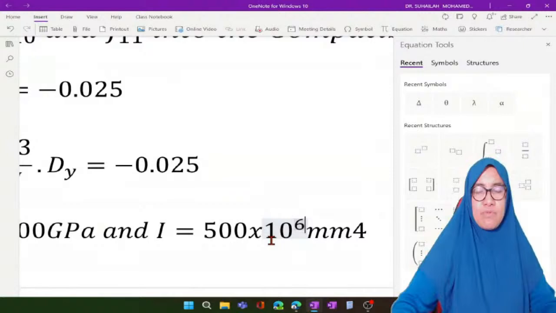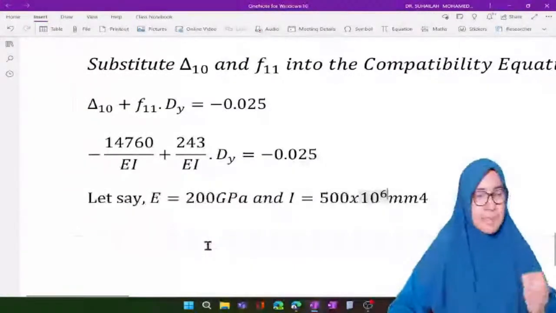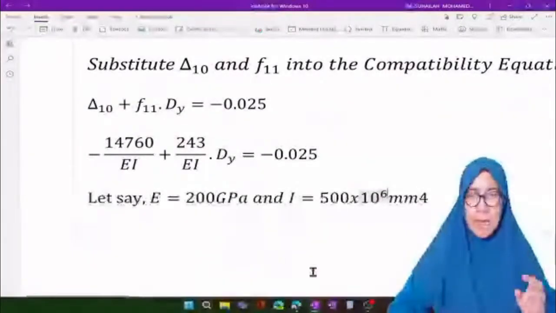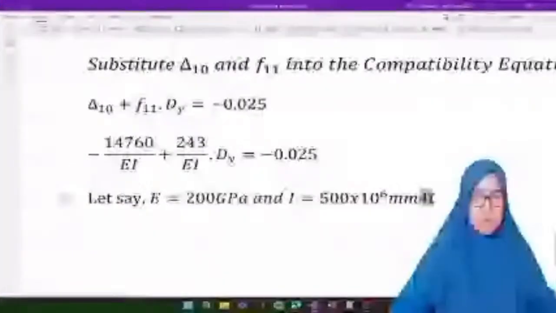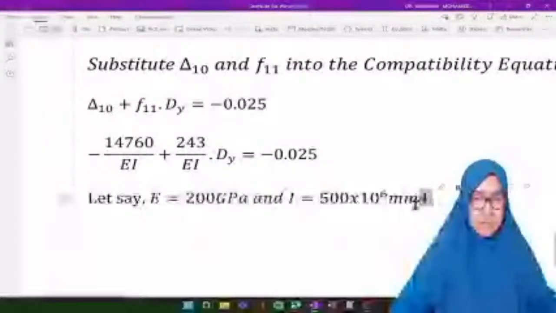So let's say E is 200 GPa and I is 500 times 10 power of 6 mm4.